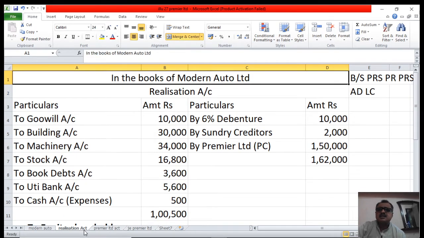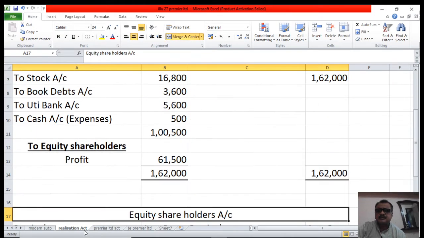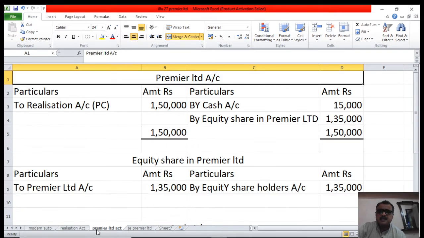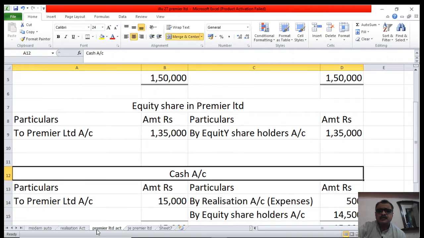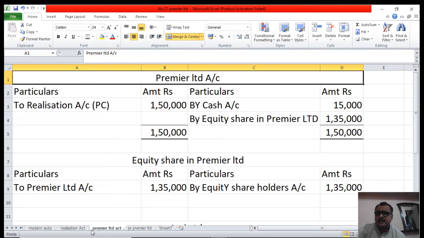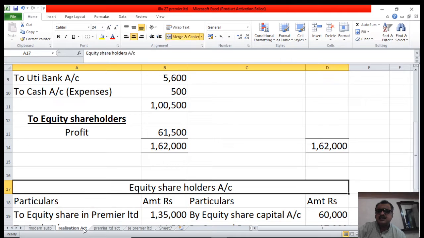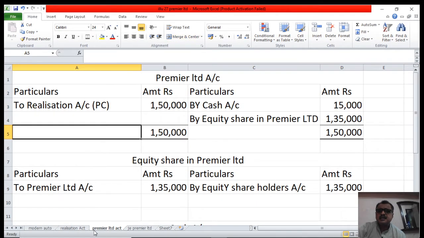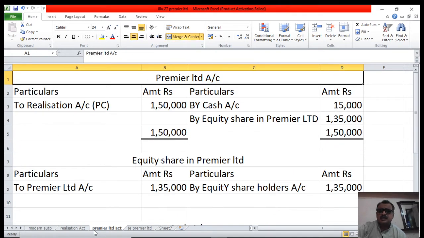The ledger accounts are: first is realization account, second is equity shareholder account, third is purchasing company account, that is Premier Limited, fourth is equity share in Premier Limited, and fifth is cash account. So these are the accounts to be prepared.